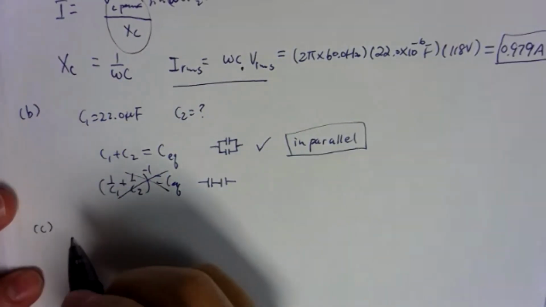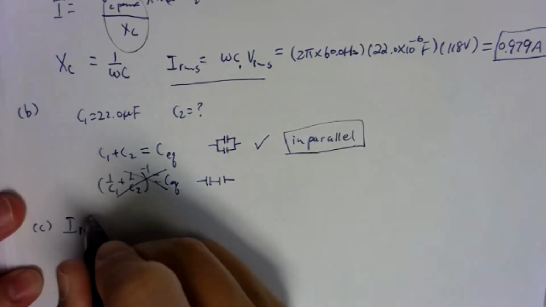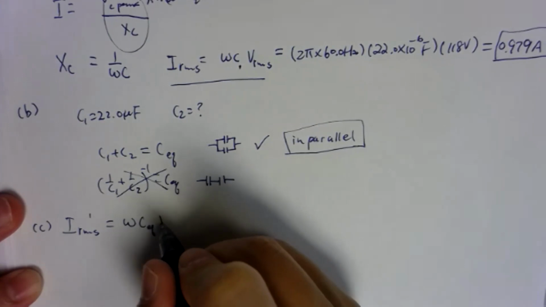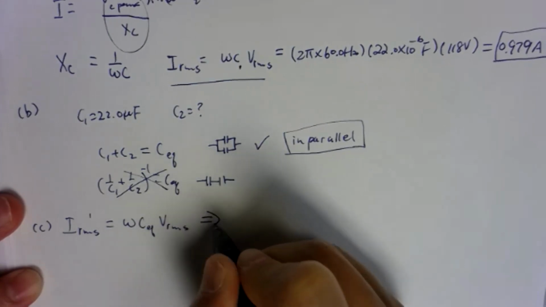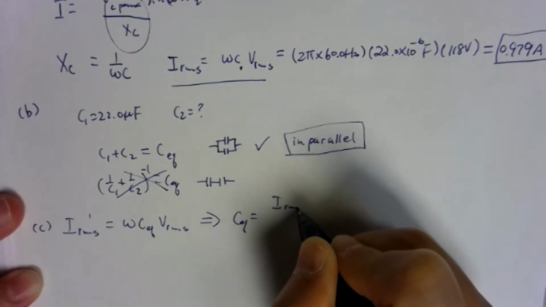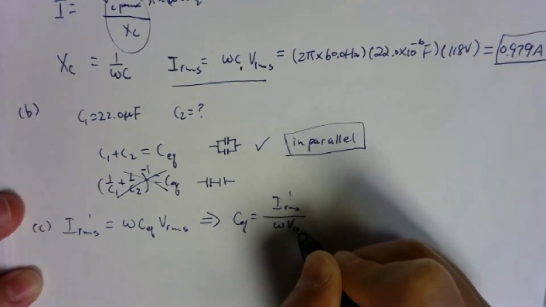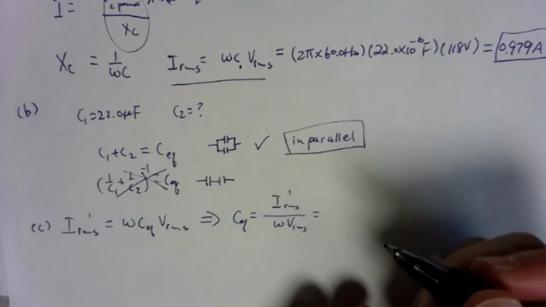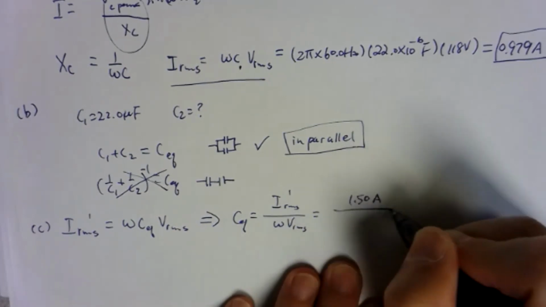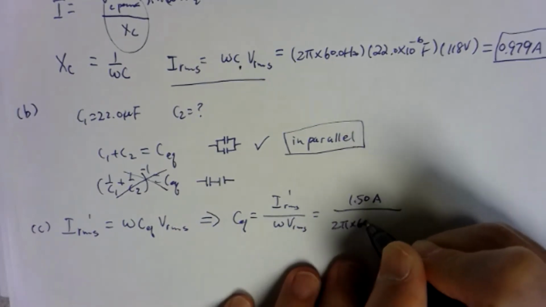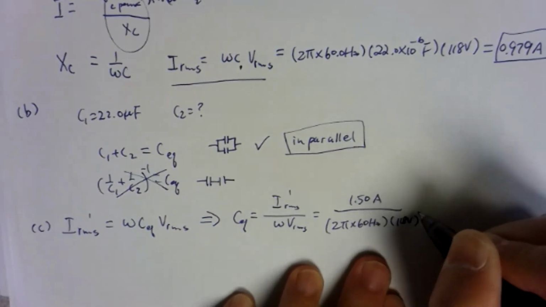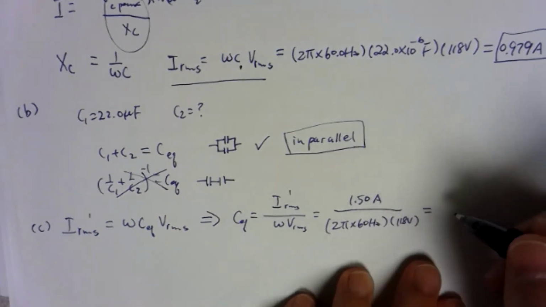So I_RMS prime is equal to omega C_EQ V_RMS. So C_EQ is equal to I_RMS prime over omega V_RMS. The new current is 1.5 over, again, 2 pi times 60 for the omega and 118 volts.